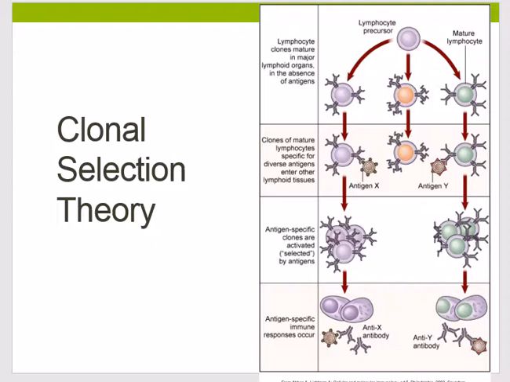Secondly, when an antigen enters the body, the antigen itself selects the clone whose cells are committed to synthesizing its specific antibody, and it stimulates these cells to proliferate and produce even more antibodies. So when the antigen comes into the body, it's searching for a specific cell that contains its corresponding antibodies. And this will then further stimulate the cell to proliferate and produce even more antibodies than were already there. And I had mentioned this when we first introduced B cells and spoke about plasma effector cells and memory cells a few slides back.